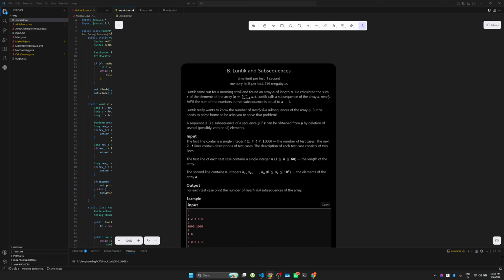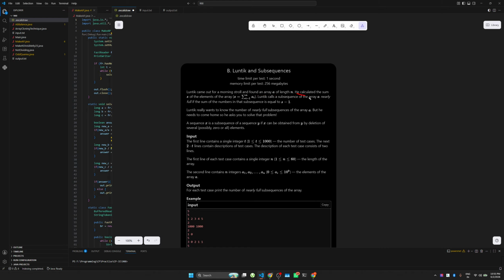Let me start the timer really quick and we can get into it. Luntik came out for a morning stroll and found an array A of length n.